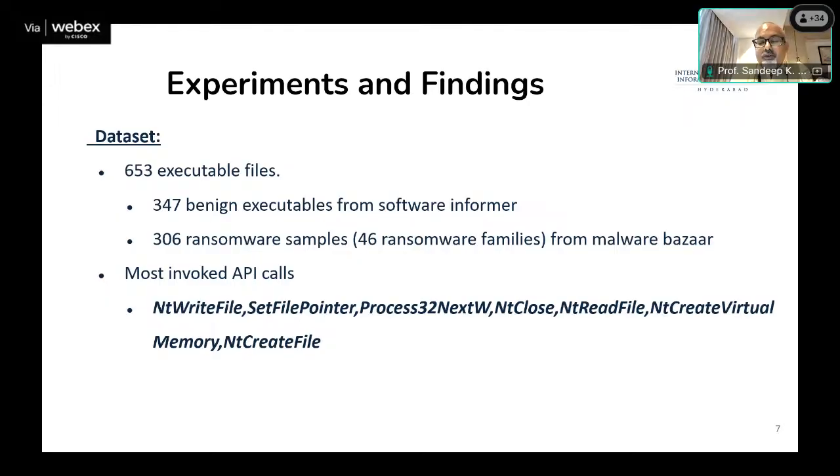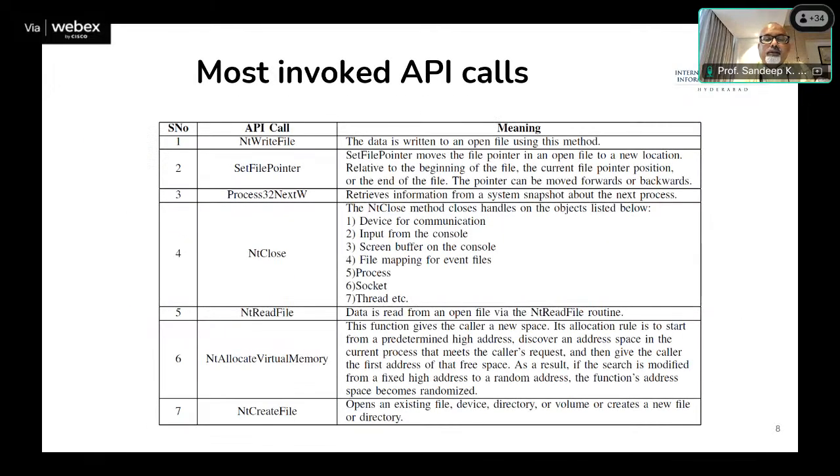And then we found, like this list of things that we are showing here, NtWriteFile, SetFilePointer, NtCreateFile, this kind of stuff, NtCreateVirtualMemory. These are some of the common things that we found in these ransomware samples. These 7, for example, are the most invoked API calls.